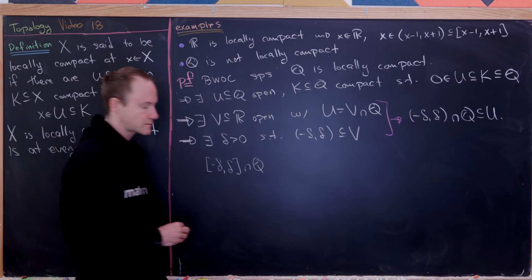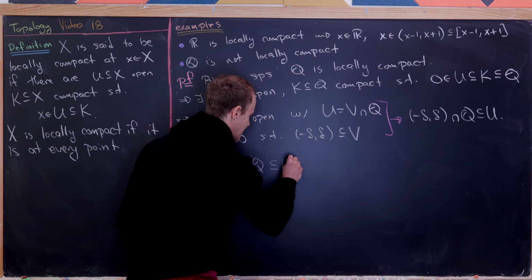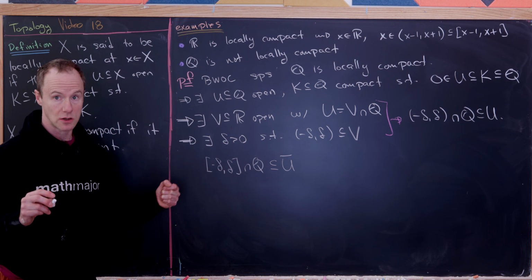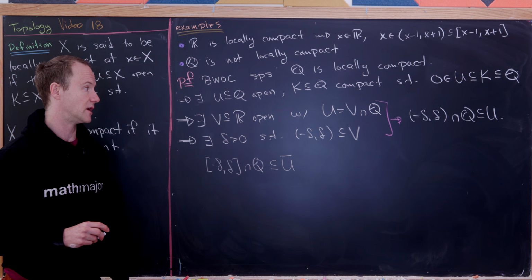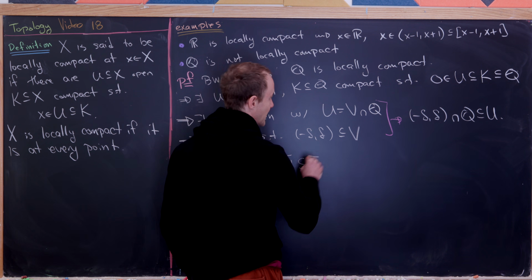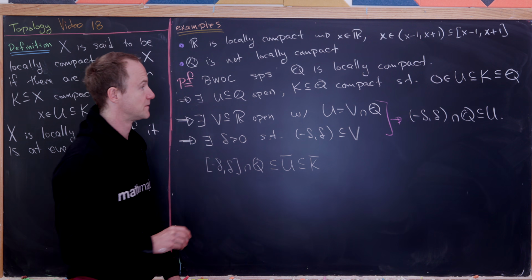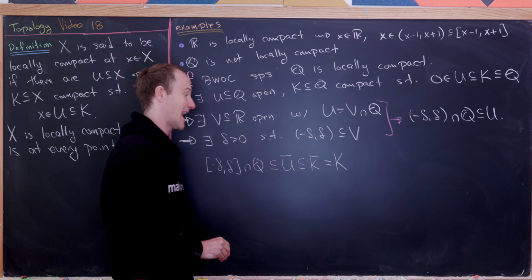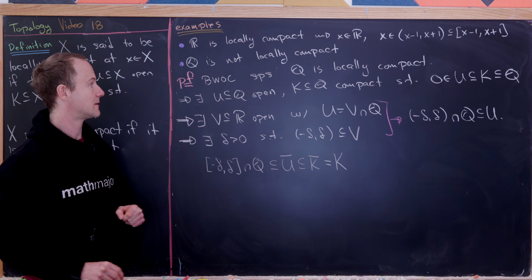Okay, cool. But then that's going to be a subset of U closure. And again, that's the closure in the subspace topology on Q. But then that's going to be a subset of K closure. But now I want to argue that K closure is K. And why is that?